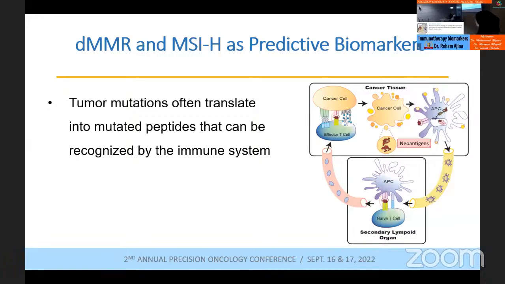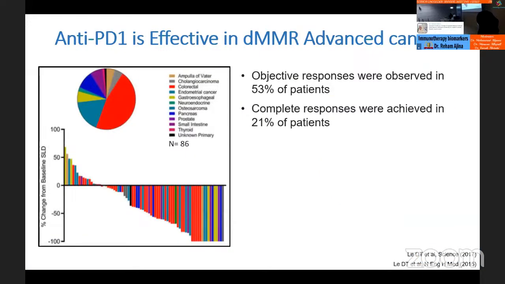With that hypothesis, several clinical studies, for example, these two reported in 2015 and 2017 by Dr. Le, have shown results. In this clinical trial, 86 patients who were all dMMR were recruited. They all had advanced disease across 12 different types of cancer.